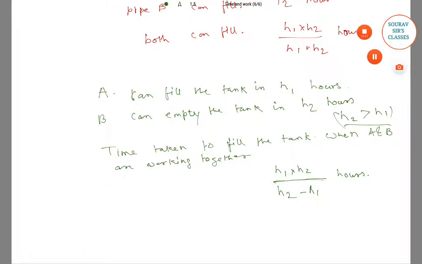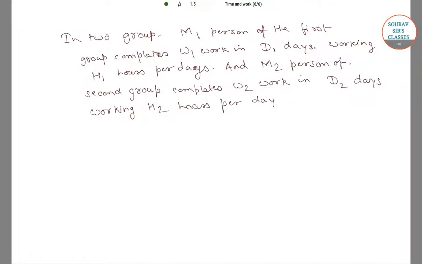Now suppose we have two groups such that M1 persons of the first group complete W1 work in D1 days working H1 hours per day, and M2 persons of the second group complete W2 work in D2 days working H2 hours per day.